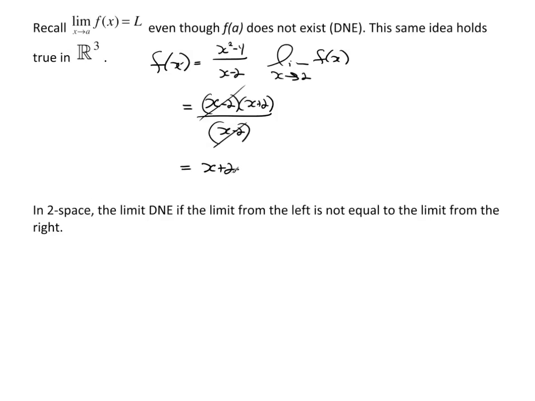So if I graph this thing, I know the graph of this function is going to look like this. Let's see, 1, 2. But I'm going to have a hole when x actually equals 2, and that hole is going to be at y equals 4.